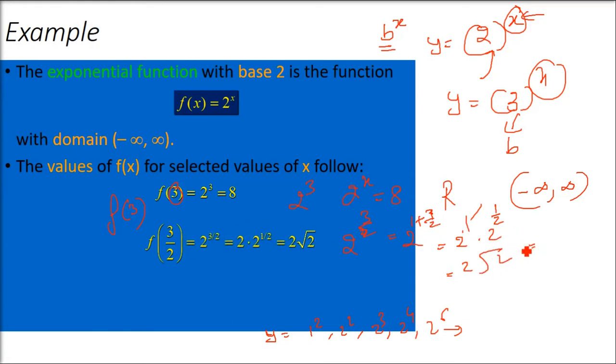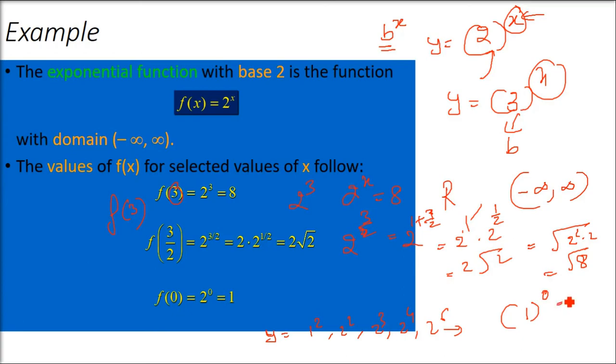You can also write this as, if you take 2 square inside, it will be under root 8. 2 square goes inside, 2 square is 4, 4 into 2 is 8. So this is under root 8, f(3 by 2). Now take one more, f(0). Let us check all the values. f(0): anything to the power 0 is always 1.